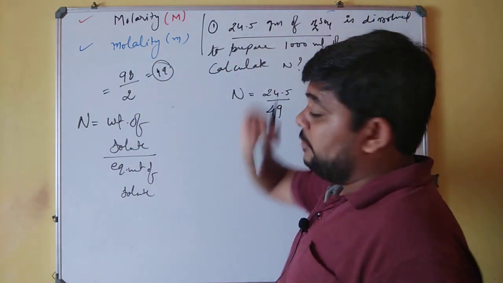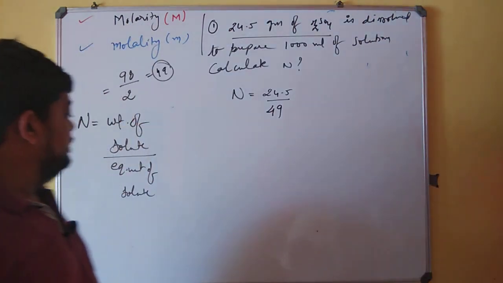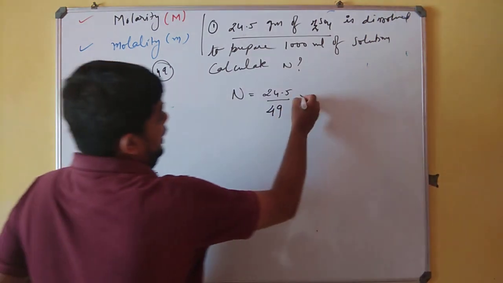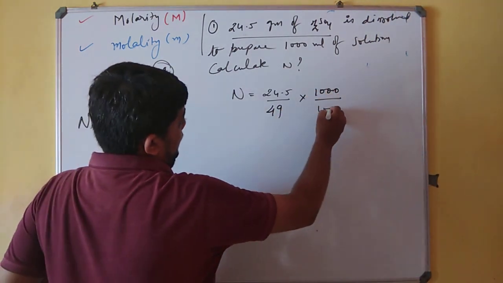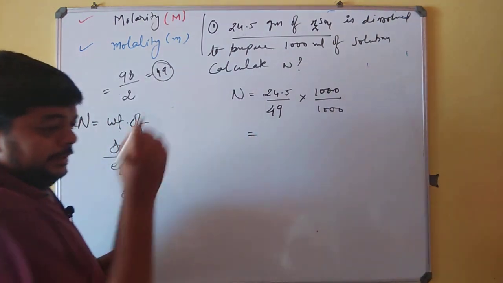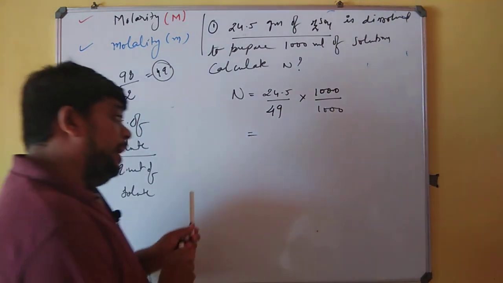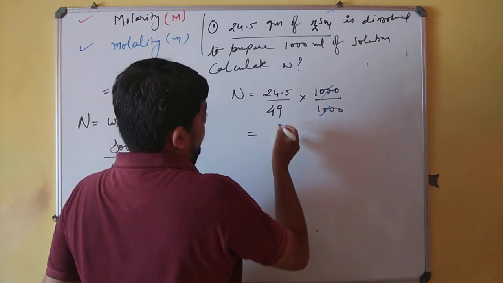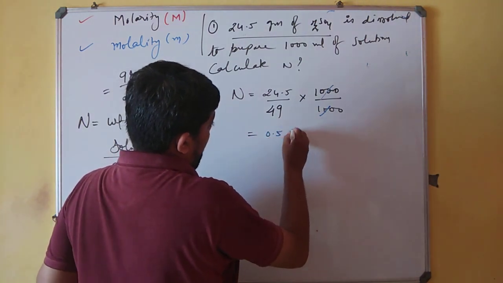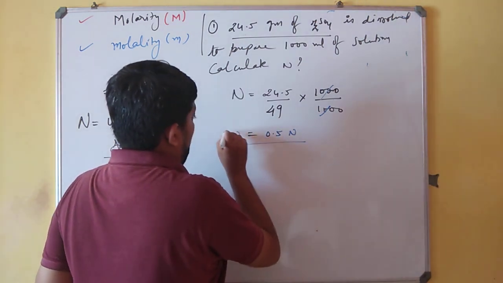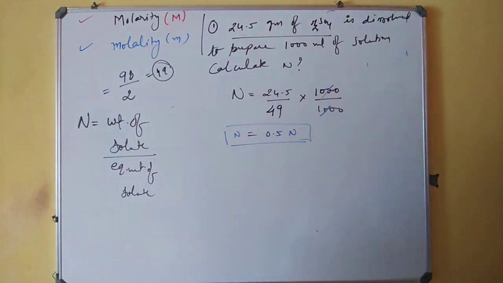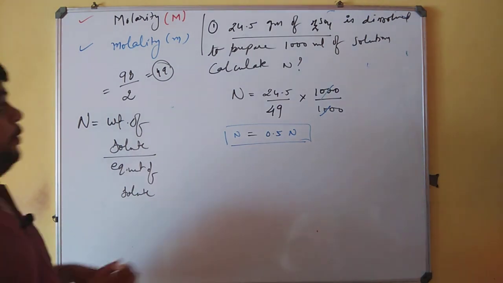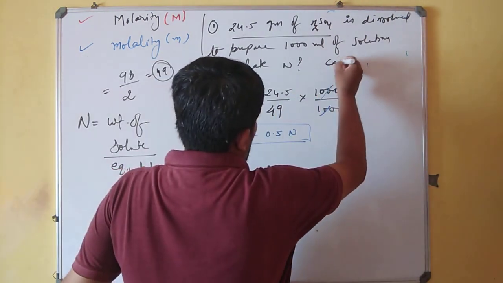Over here it was H2SO4, so an acid, therefore the basicity is 2, so it is 49 multiplied by 1000, and at the bottom again 1000 ml. So when I will turn this out, I will end up writing 1 by 2, and that is 0.5 normal. So this is our answer. The normality is 0.5.